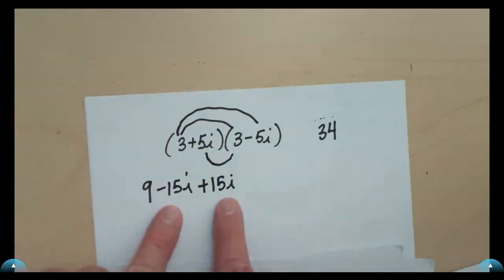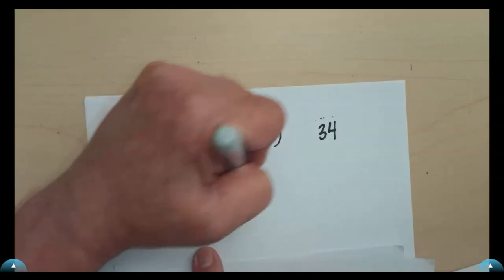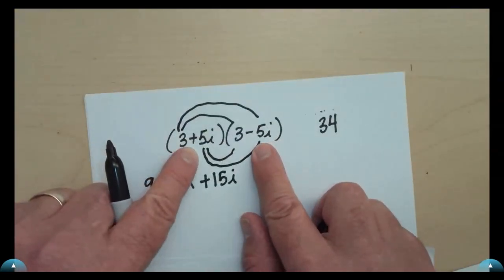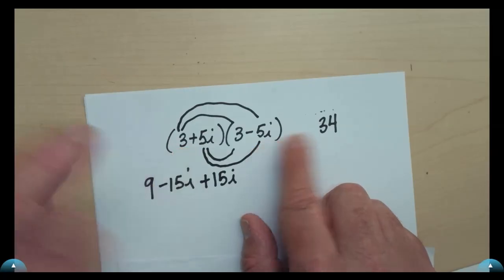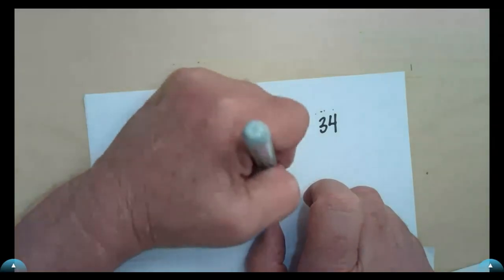Of course, you can see what's going to happen to those i's already, right? And then positive 5i times negative 5i, remember that's going to be negative 25i squared, right? But i squared is negative 1, and negative 25 times negative 1 is positive 25.